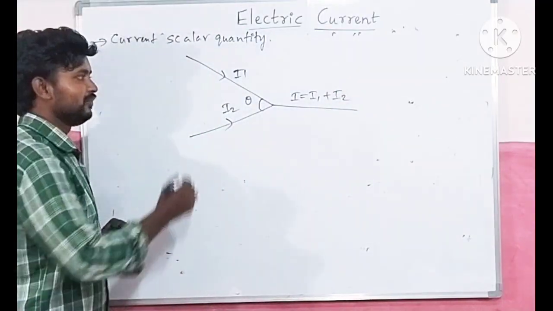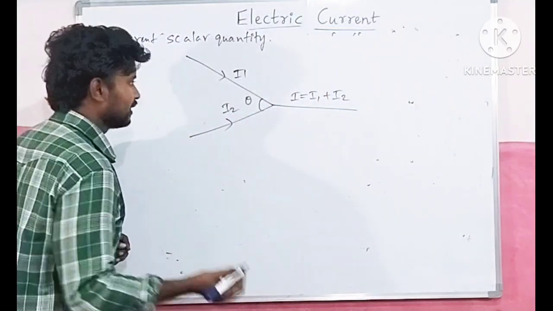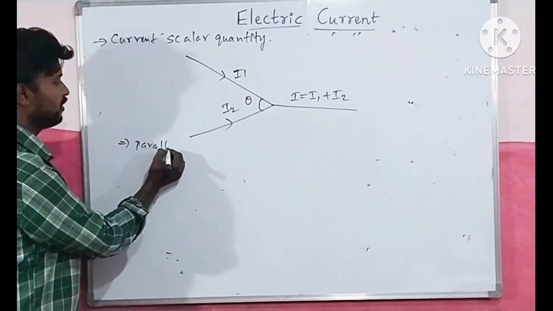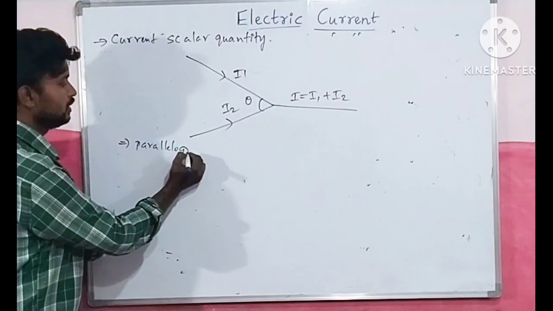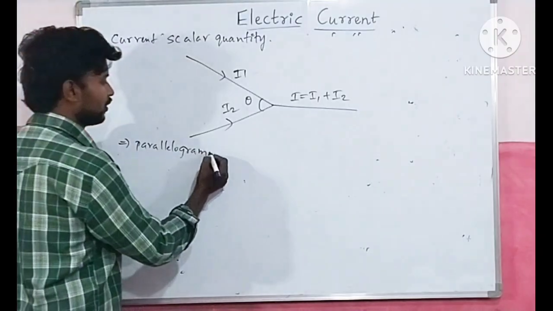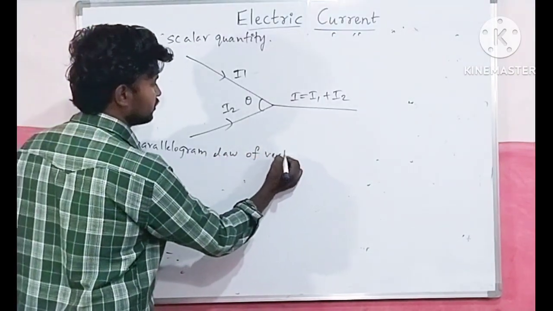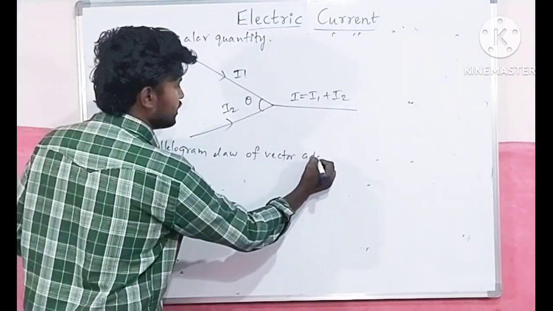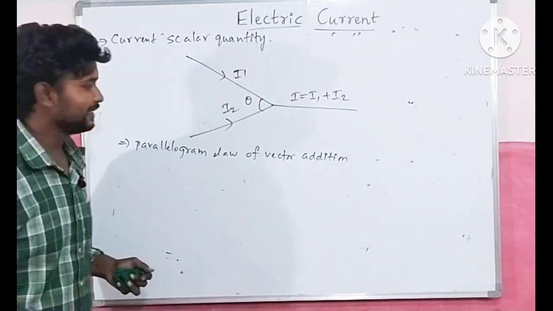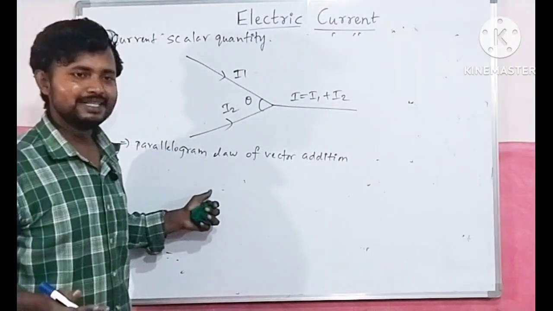So here we are not following the law of vector addition. To add vectors, we have to follow the parallelogram law of vector addition. We have to consider the angle. Based on the angle, the addition is there.